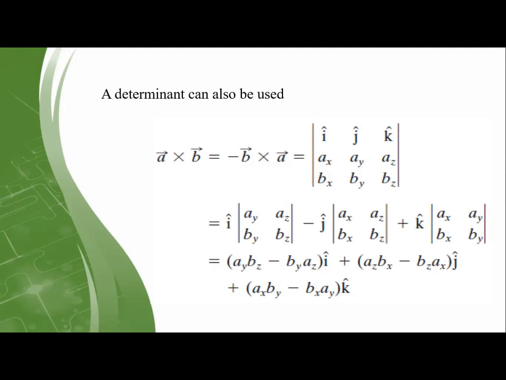And for the third one, again, we remove the row and column containing k, and the remaining determinant will be AX, AY, BX, BY. By calculating these three determinants, we can solve the equation for A cross B. And it is really simple and useful.